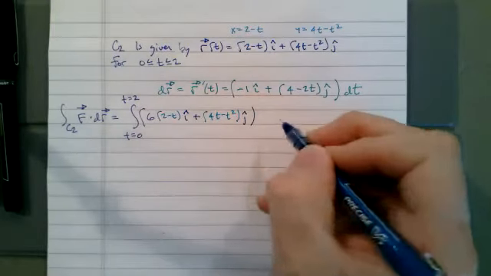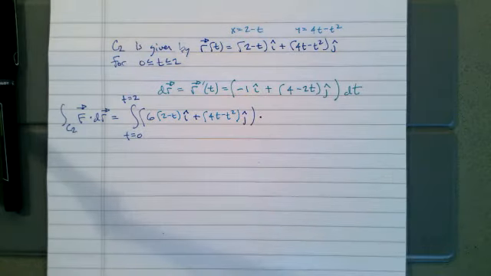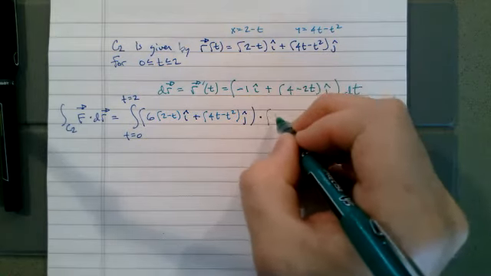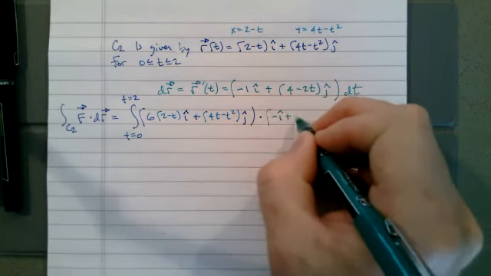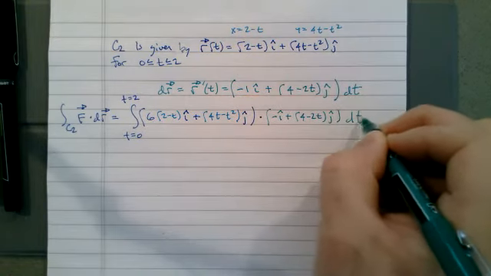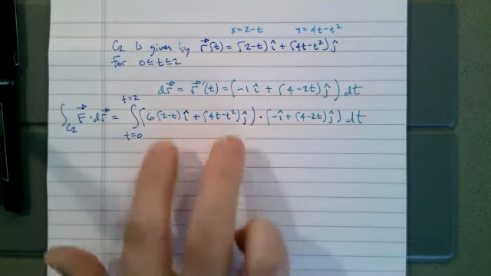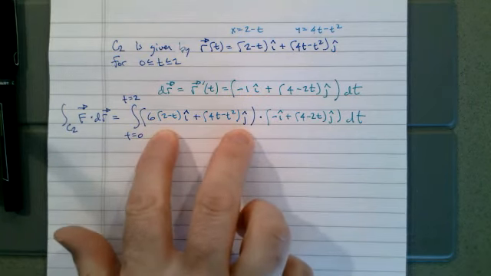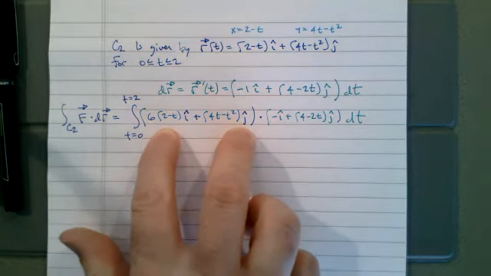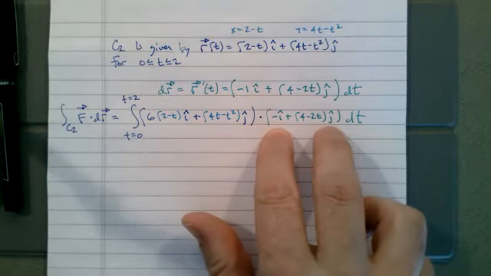That's f of r dot dr, which is all this up here, minus i plus 4 minus 2t times j dt. So this part here is f at r, and this is all dr, which is r prime dt.